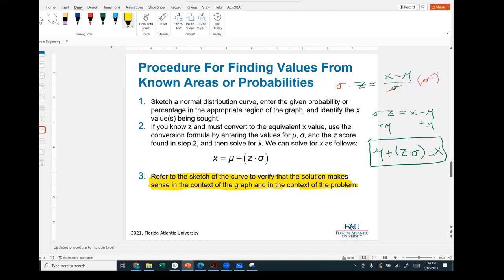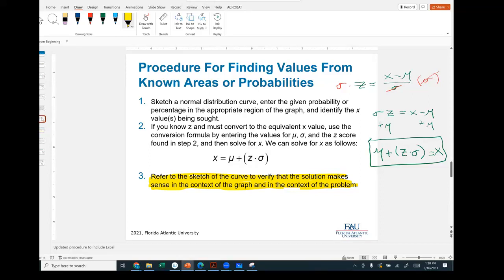For example, if you got a probability that was greater than 1 or less than 0, we would obviously know that's wrong. There are many times that you'll know the probabilities you're getting are not correct. Just think about your answers and see whether they seem logical.